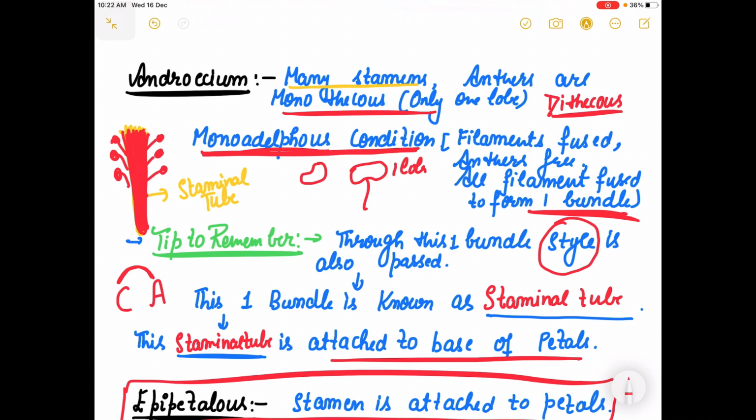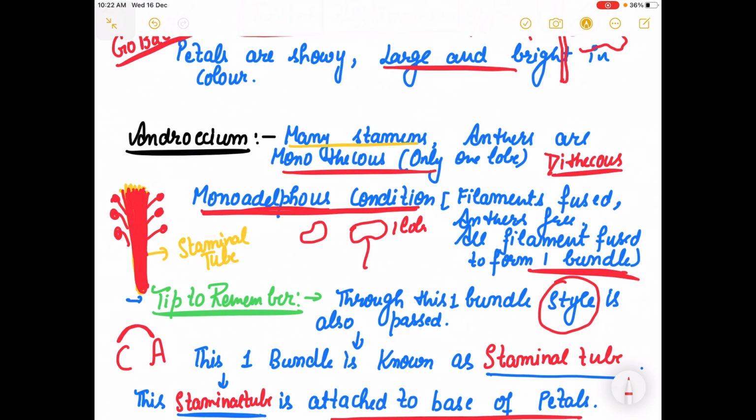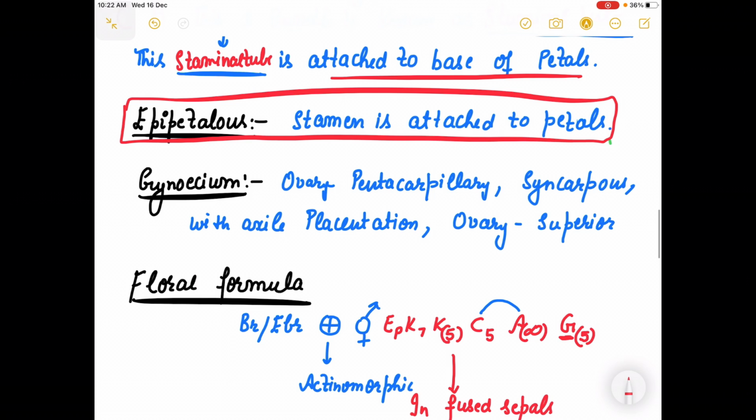Yes, these filaments, they are fused. So when the filaments are fused, then definitely you have to write it. Now I have not described any number because the number is many stamens. So androecium, it means they are to the infinity and they are fused. So you can write it like this.